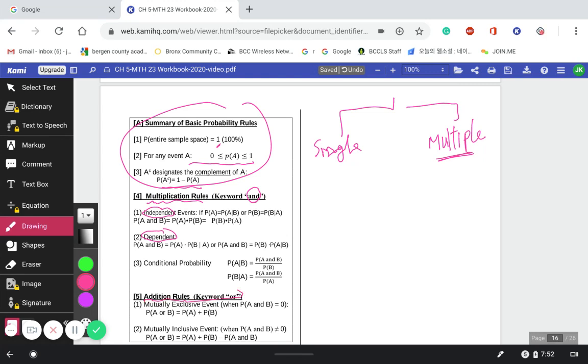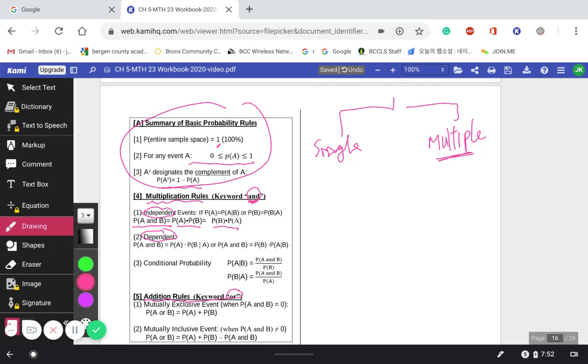When you have a multiplication, two events with AND, probability A and B is the same as probability A times probability B, or probability B times probability A. They're independent. How do you know they're independent?